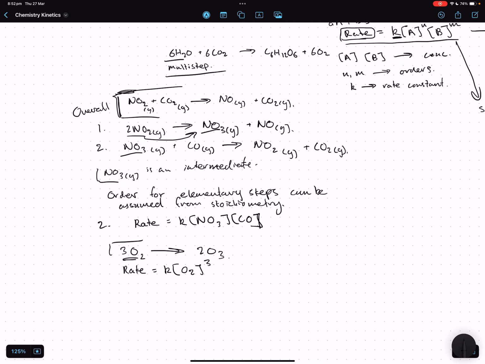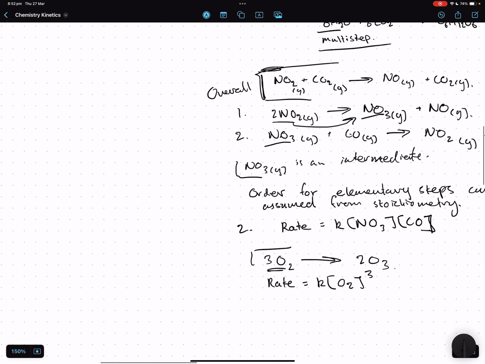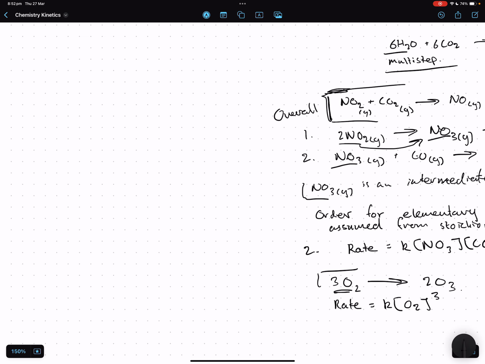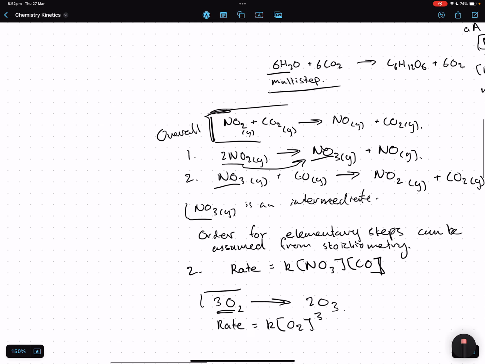If you have one molecule going into two molecules, there's one interaction that happens, so it's unimolecular. If you have two, like this step, for example, then it's dimolecular, and that involves two things coming together.